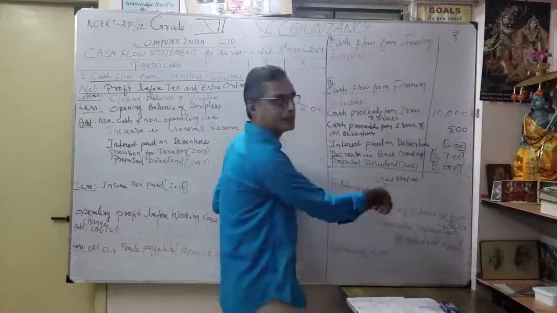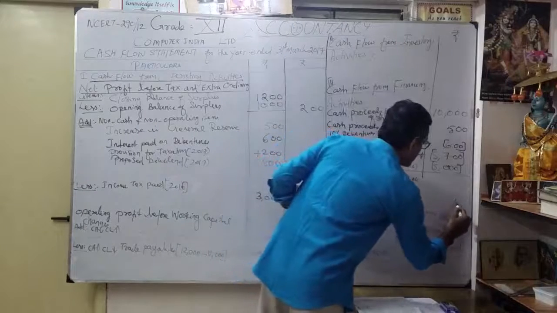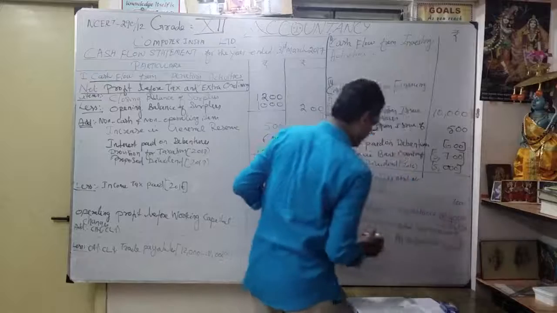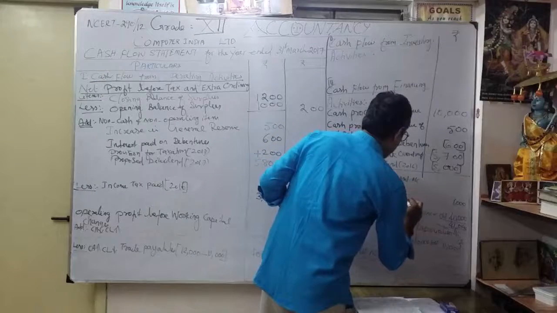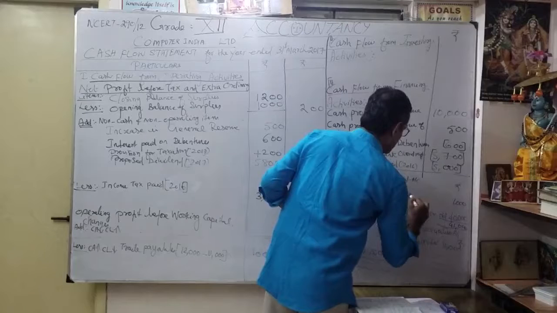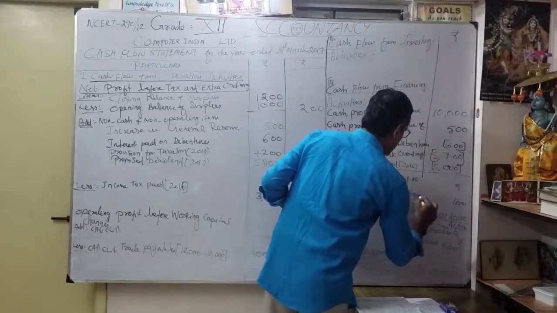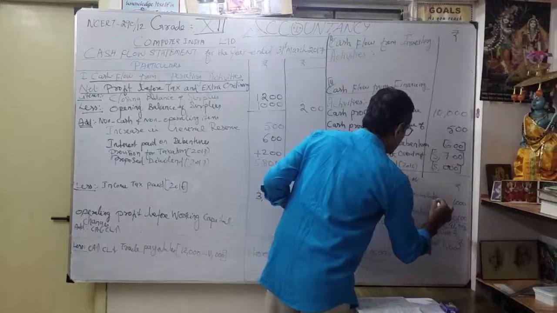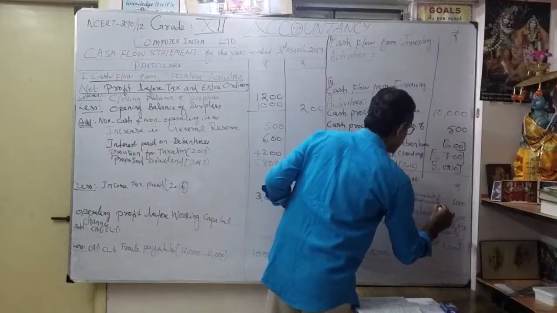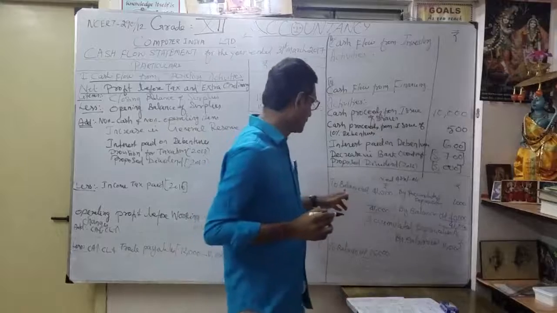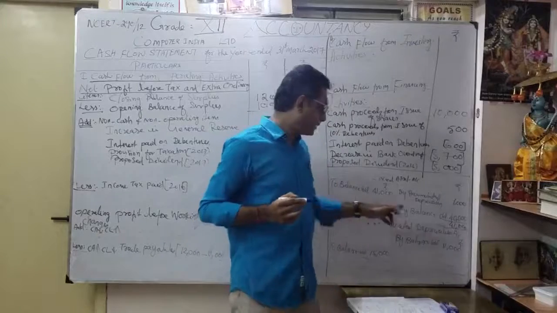So what is the difference? That is 1,000. So what is the 1,000? Nothing but accumulated depreciation. You have to write by accumulated depreciation. That's what we keep to maintain the depreciation. So understood? 41,000 this side, 41,000.